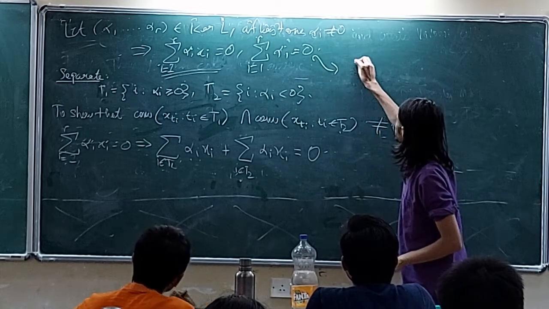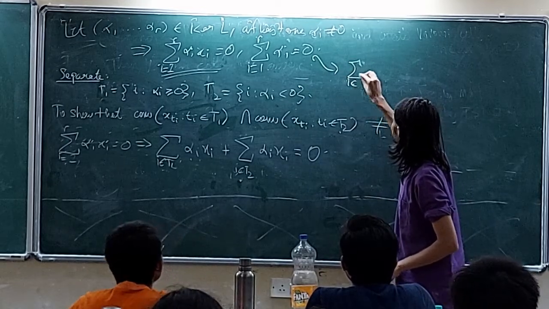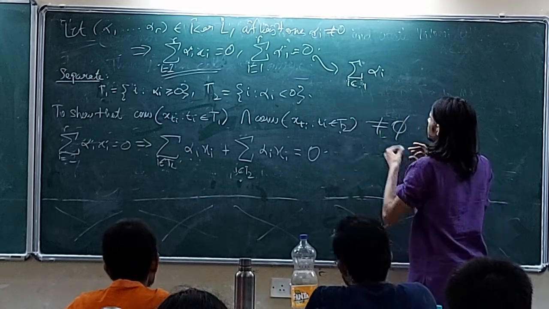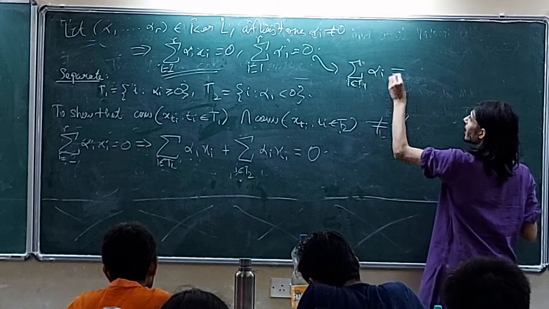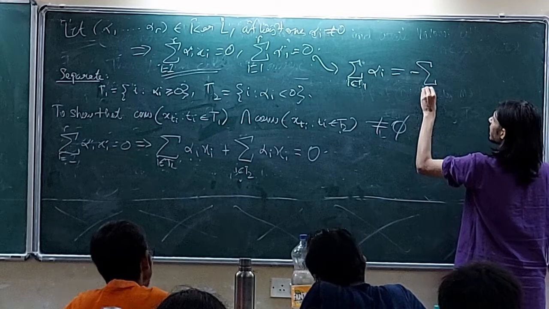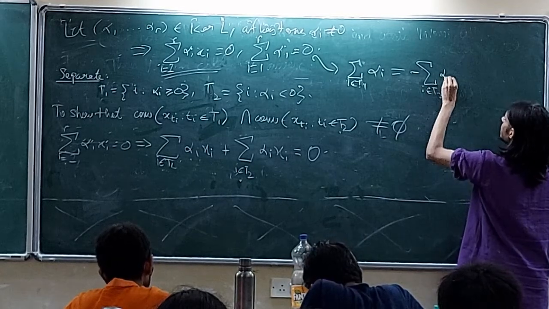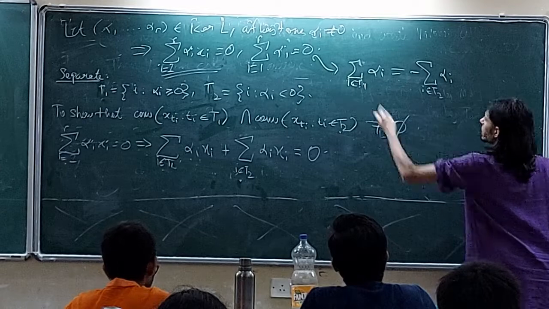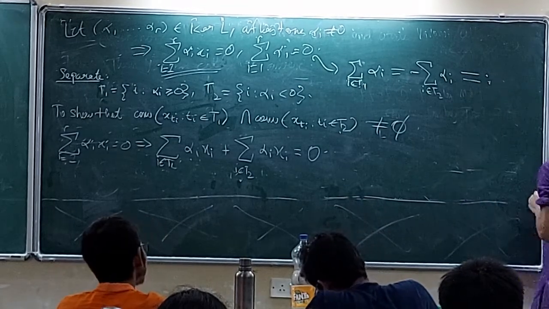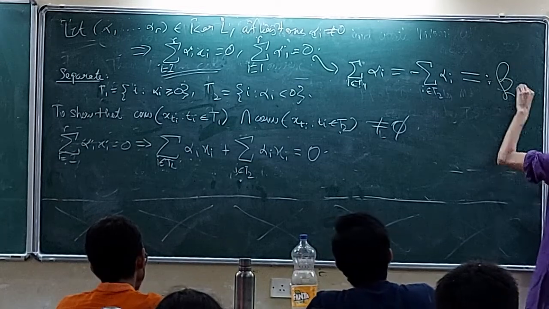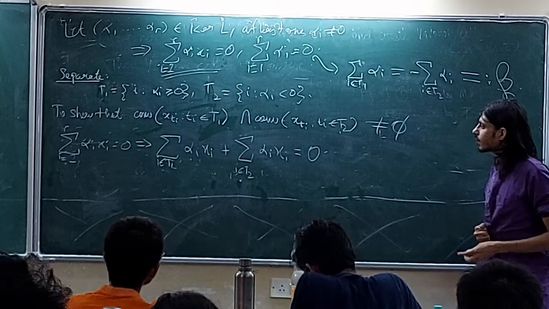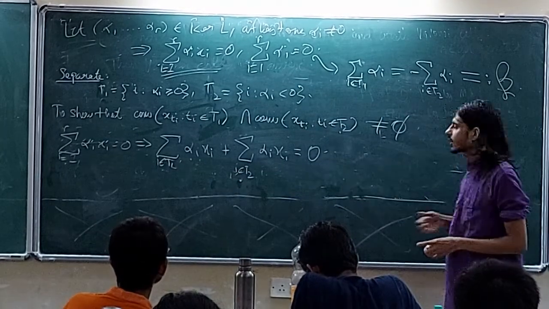The same is true for the alphas: the summation over i in T1 of alpha i, taking T2 to the other side, equals minus the summation over i in T2 of alpha i, because they balance each other out. Let's call this quantity beta. Once we call it beta, we can create particular linear combinations that will turn out to work.